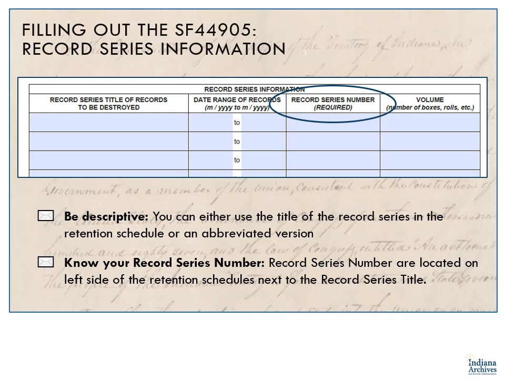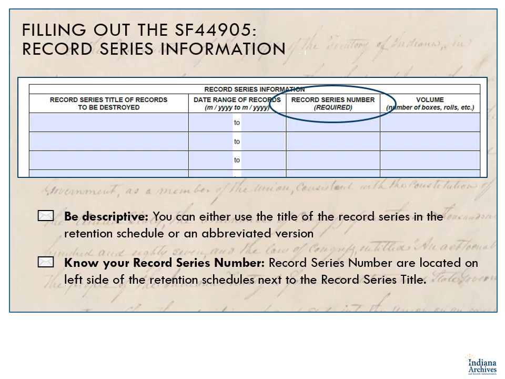Then, in the second column, give an accurate date range of your records, including the month and year. The next column, record series number, is often skipped by agencies, but as you can see, this is required.